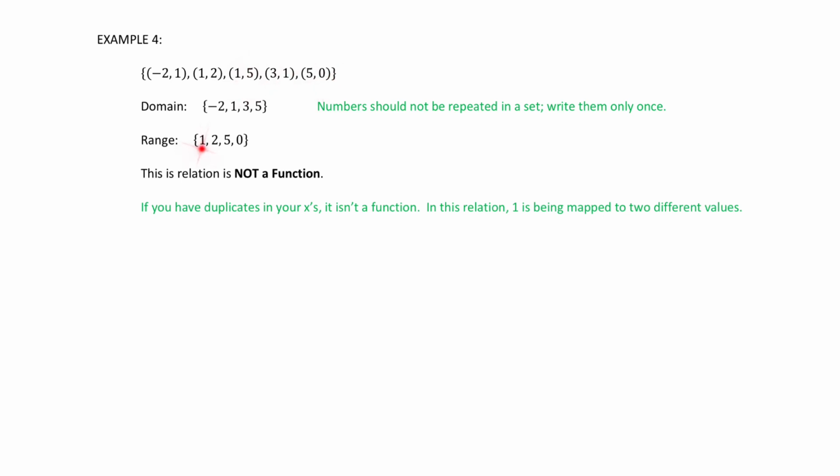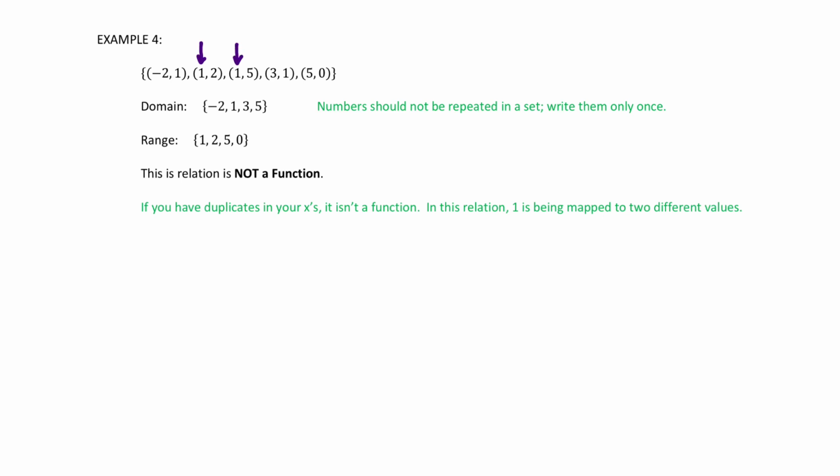So we're only going to write the 1 once, but then there's the 2, 5, and the 0. So we have some repeats happening. You can't look to see whether this has more than this, or this has less than this. It doesn't matter. It's not a function, however, because we have repeating x values right there.